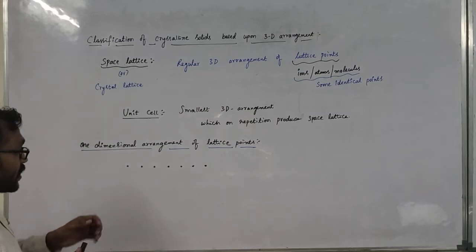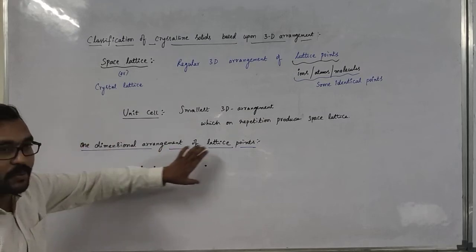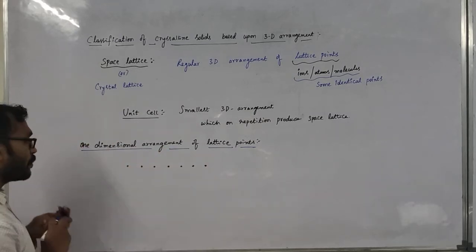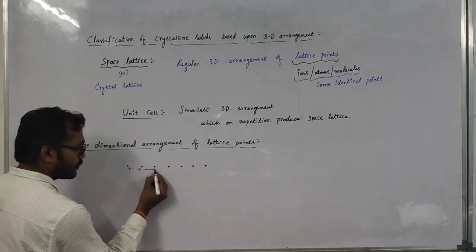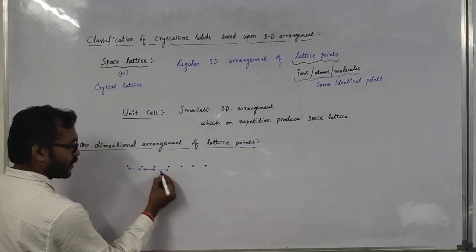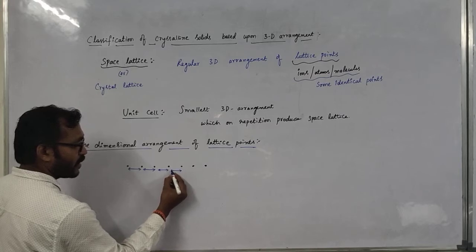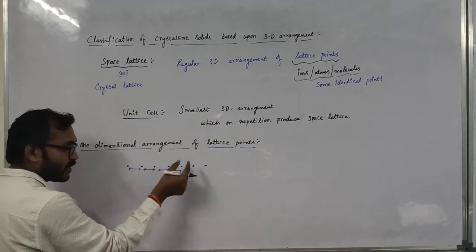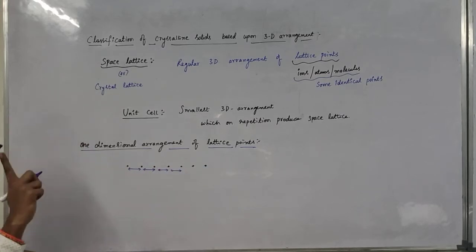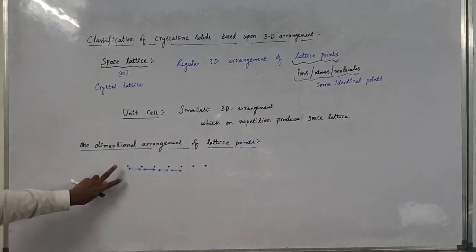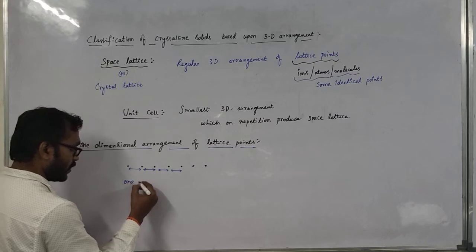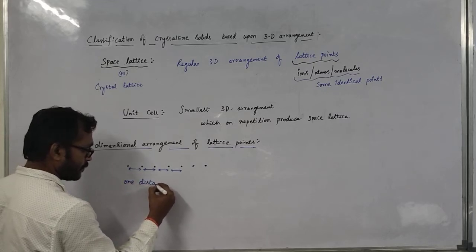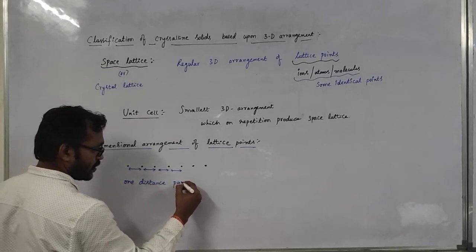Now, how many parameters are required to express this one-dimensional arrangement? Only one distance parameter is sufficient. They are arranged in a regular manner, so they are separated by equal distance.